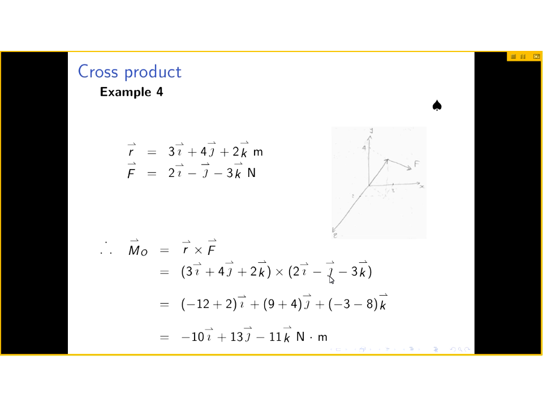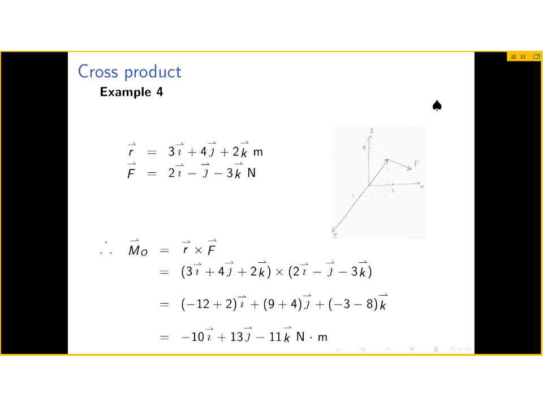Now k cross j is in the minus i direction, so I've got minus 2 times minus i gives me plus 2i, the contribution down here. And then lastly, 2k cross minus 3k gives me a 0 vector. And so I'm done applying the distributive law. I've written down this result, and I can now simply simplify to give me the final result at the bottom here.